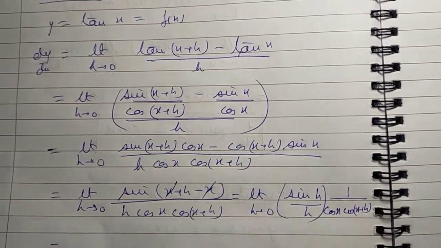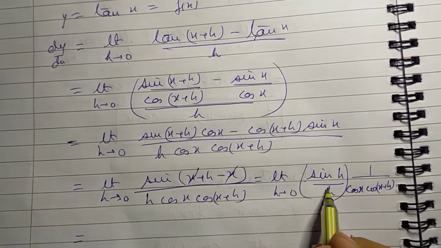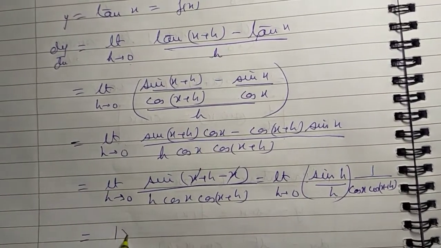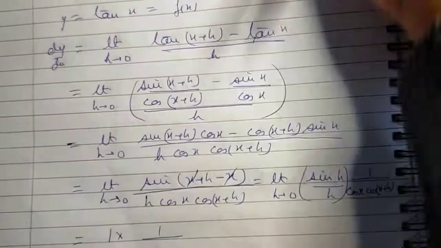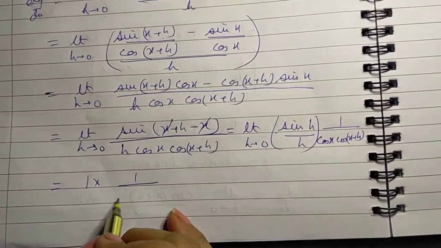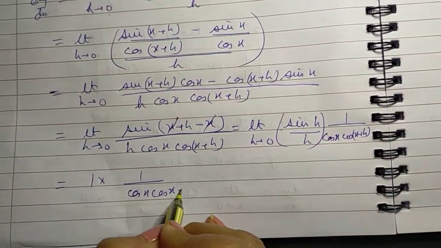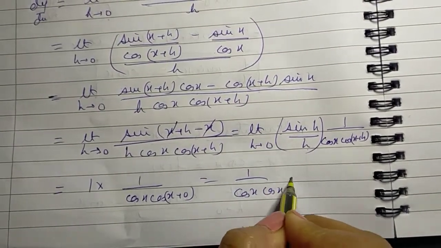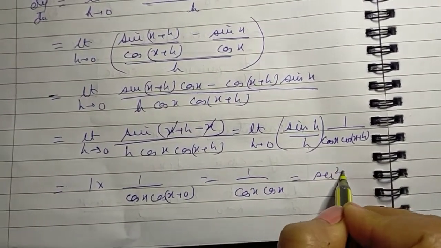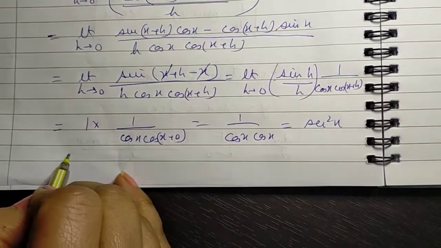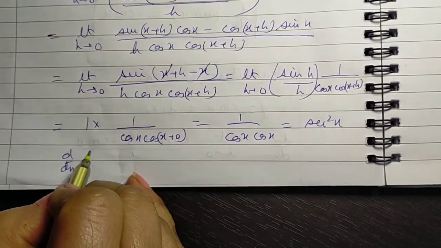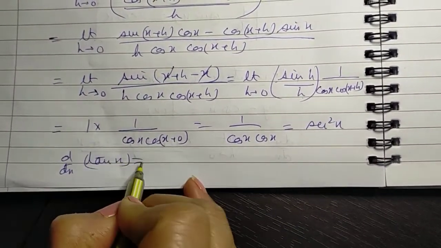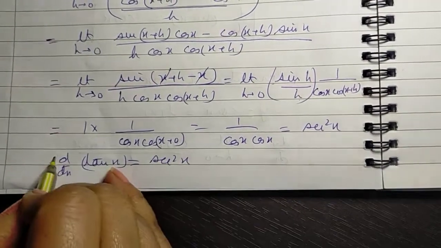Applying the limit, this is 1 into 1 upon cos x cos 0, which is 1 upon cos squared x, which is sec squared x. Thus we get another important result, that the derivative of tan x is sec squared x.